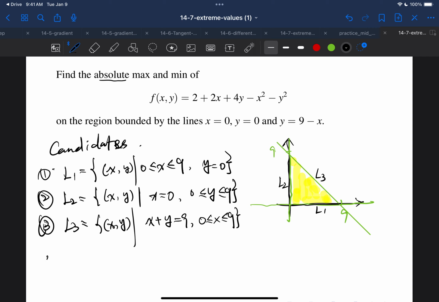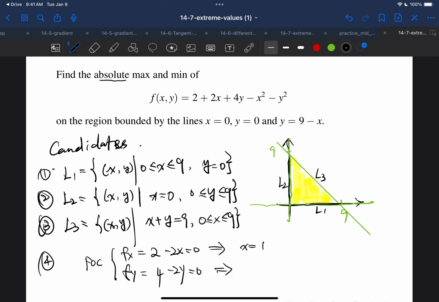And number 4, critical points. The critical points come from FOC. We need to solve FOC. So fx equals 2 minus 2x equals 0, which gives me x equals 1, and fy equals 4 minus 2y equals 0, and if you solve, then we have y equals 2.